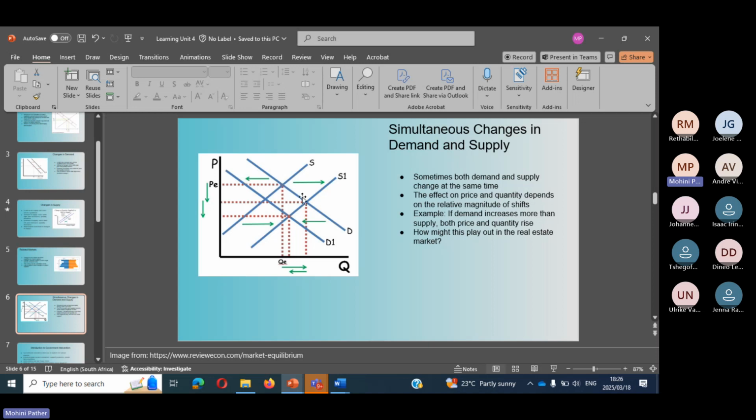Okay, so here in our original graph, we have only two lines: S and D. You can see, because sequentially that is obviously where we start, that would be S0 and D0. At that market equilibrium, we were paying PE and we were willing to accept a quantity of QE.